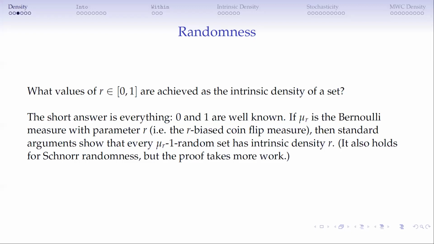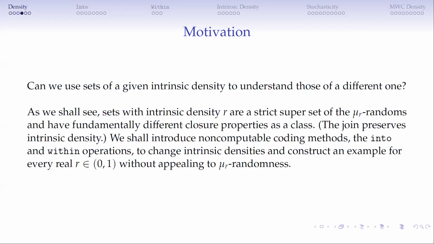So this question isn't interesting on the surface, but as we're going to justify in a little bit, there's still some things to pick at here. So let's get into that. A finer motivation is, how can we understand sets of different intrinsic densities in relation to one another?